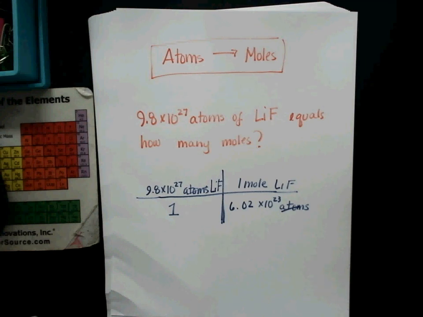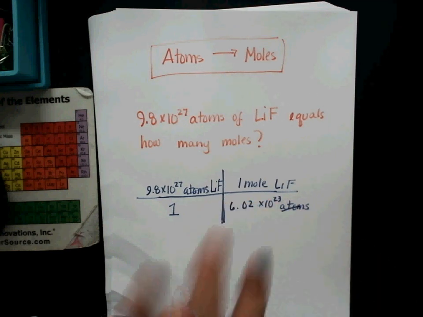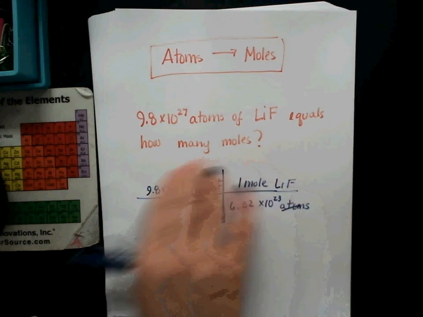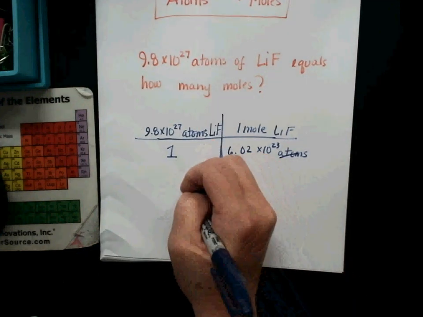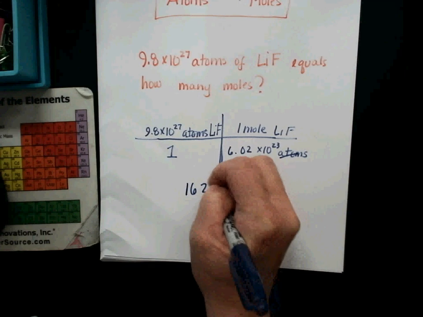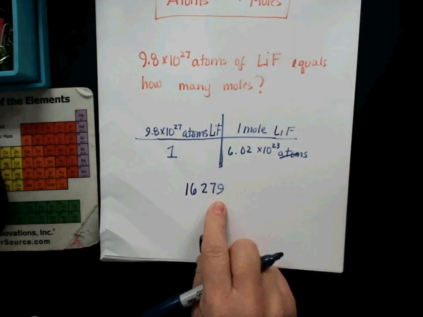Well, I hit something wrong. Oh, it's not in scientific notation. Is yours? No. Did you get an answer? Yeah. So let me tell you this rule. If you're working with scientific notation anywhere in your problem, it needs to be in scientific notation. So this is what I got.